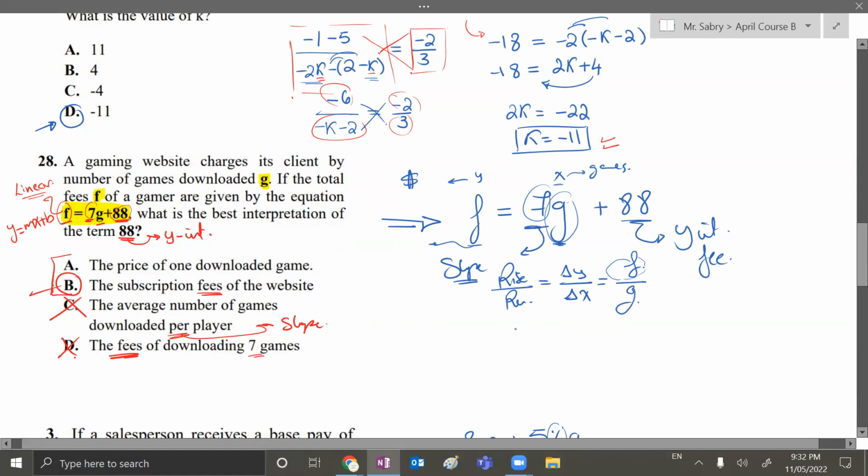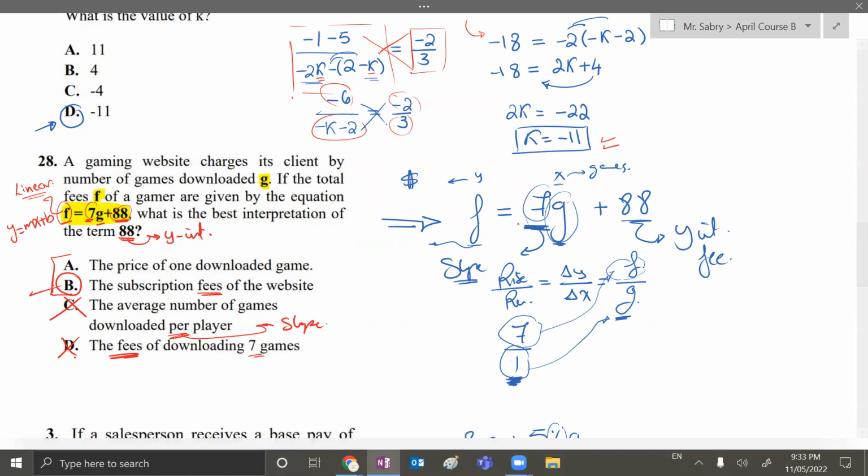Which means if the slope is 7, that is 7 over 1, then for every 1 g there is $7 for the fees. So once I look at a slope like this one, I should be able to tell that for every 1 x, this amount of the slope happens in the y.